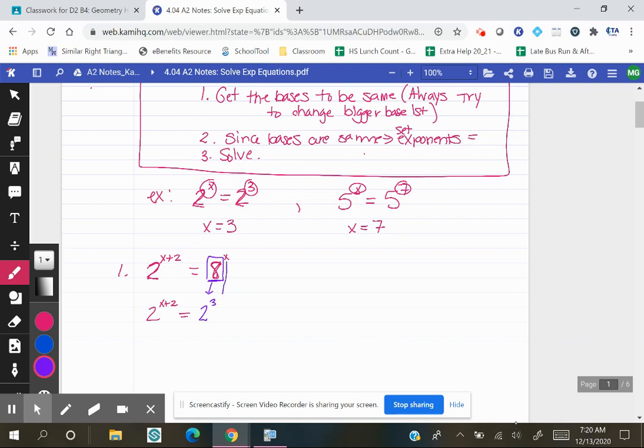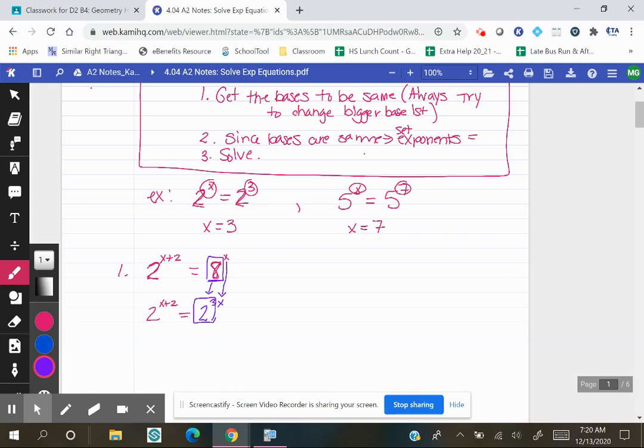And then I'm going to bring down my exponent of x. So again, this 2 to the third is the same as the 8. I didn't change the equation at all. It just made it look a little different because now instead of writing an 8, I wrote 2 to the third power. So you don't want to do 2 times 4 because that does give you 8, but we want to rewrite it as an exponential with the same base.